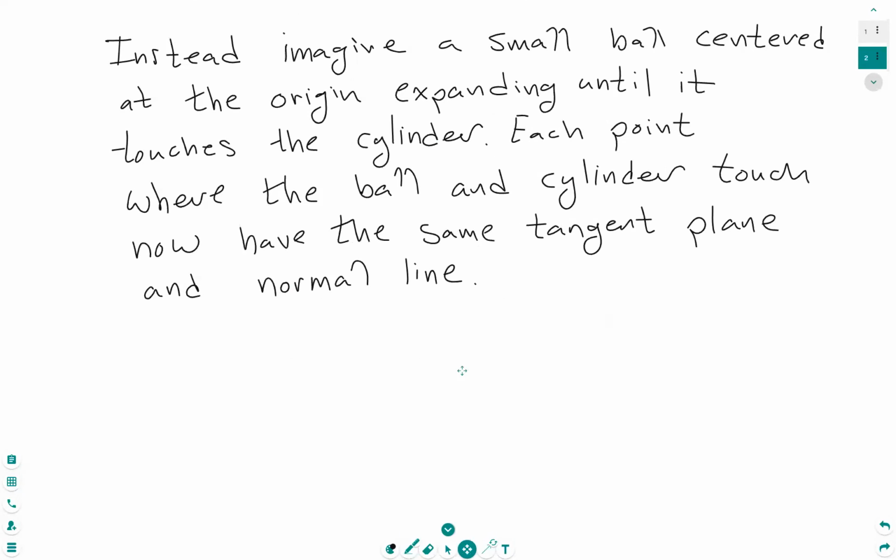So this gives us a way to compare the ball's normal line and tangent plane to that of the cylinder as soon as they end up touching one another. So we should look at the level surfaces.